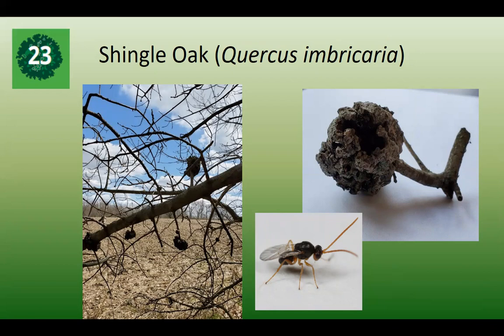But actually you can see, just looking at the picture on the left, that there are multiple galls on this one poor tree. And what happens is that any kind of twig growth past the gall dies. So you get no leaves, you get no tree growth, you get no energy from the sun, you make no sugar, and pretty much if there are enough of those, the tree dies.